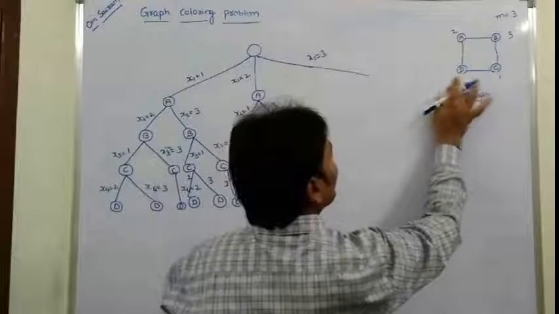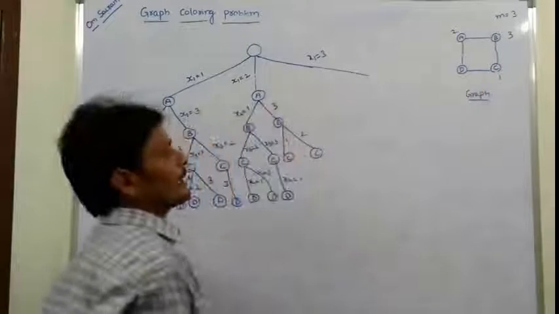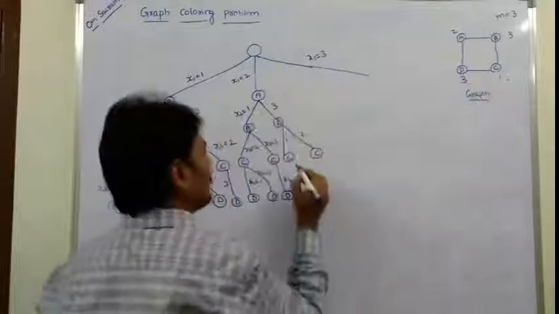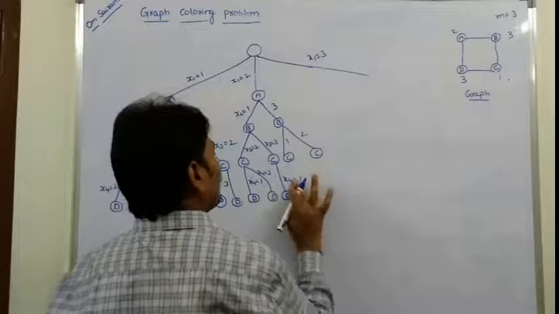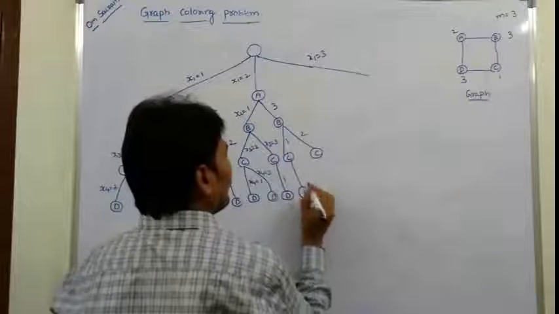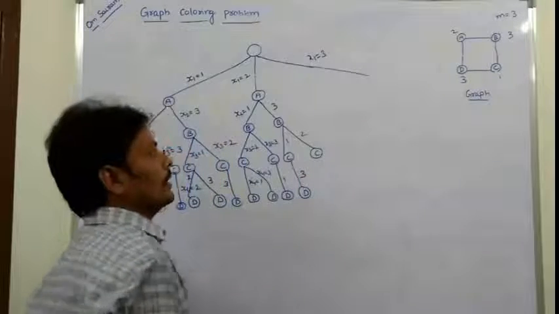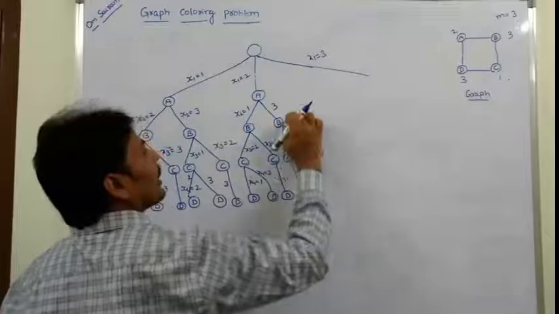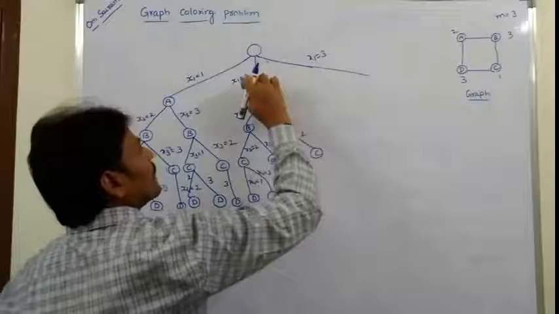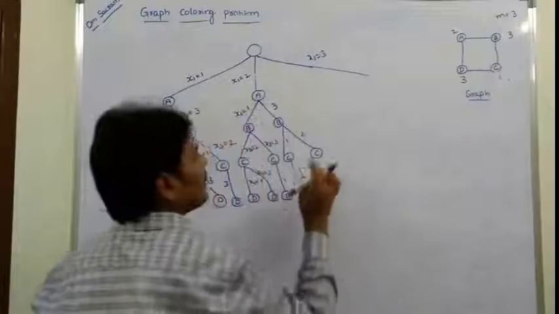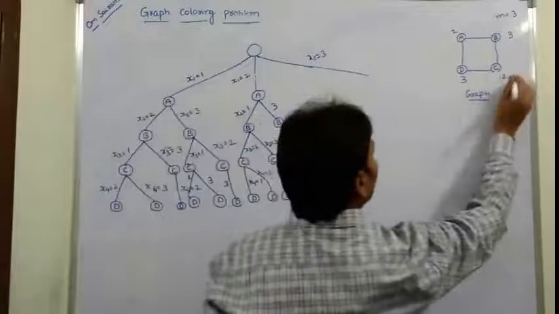What are the possible colors we are using for vertex D? That is only 3. Next, again we have to backtrack to C, and again to B. Vertex A is filled with the second color, vertex B is filled with the third color, and vertex C is filled with the second color.